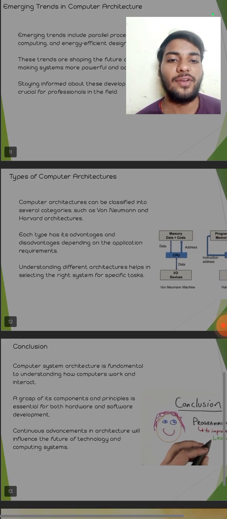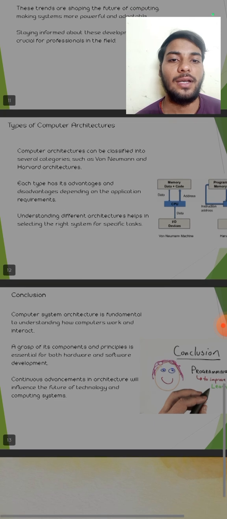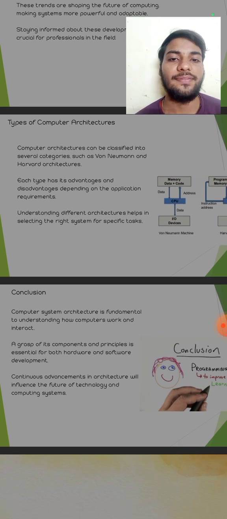So the types of computer architecture: computer architecture can be classified into several categories such as von Neumann and Harvard architectures. Each type has its advantages and disadvantages depending on the application requirements. Understanding different architectures helps in selecting the right system for specific tasks.